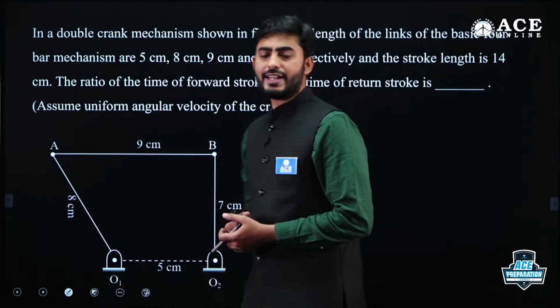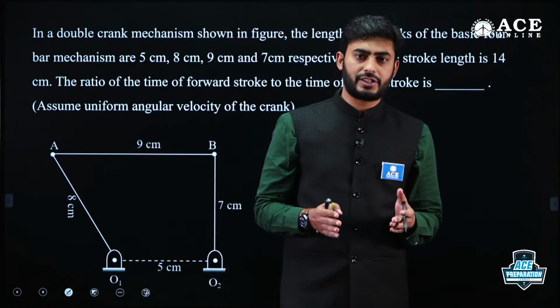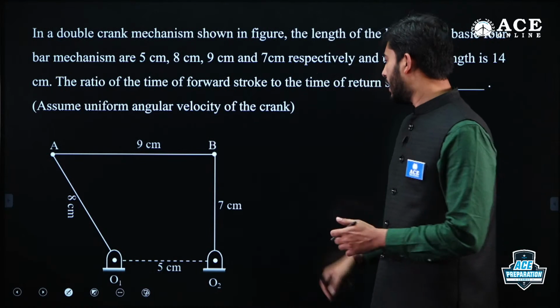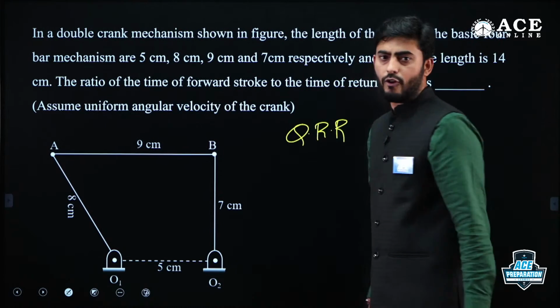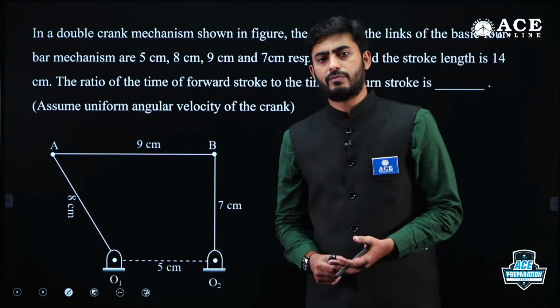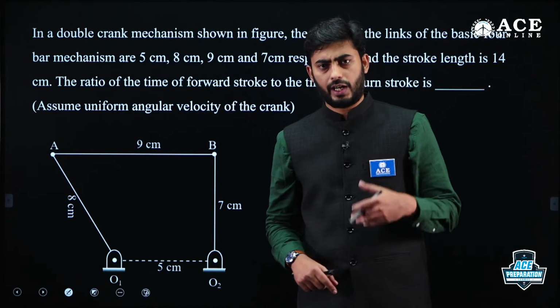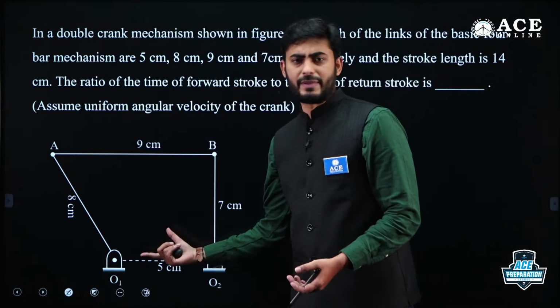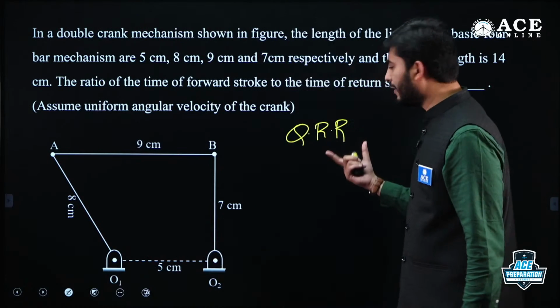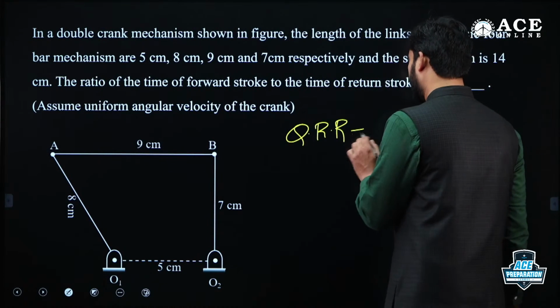So far in our GATE syllabus, our GATE questions, we have seen the QRR computation of quick return mechanisms for crank slotted lever mechanism, for Whitworth mechanism, and for offset slider mechanism. So this is also one of the mechanisms where we will be computing QRR.